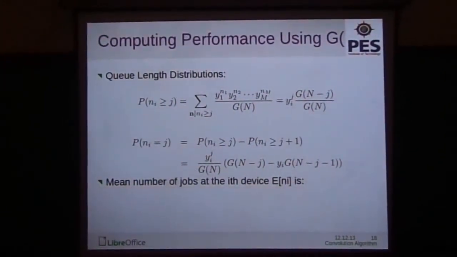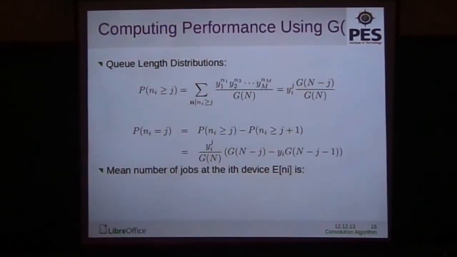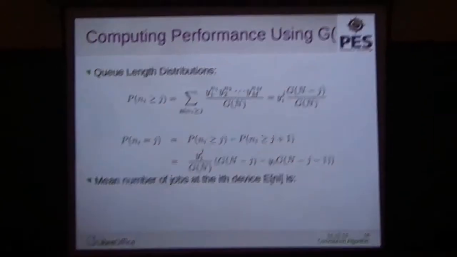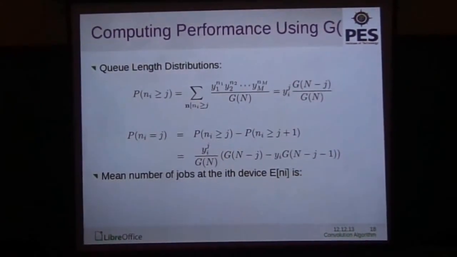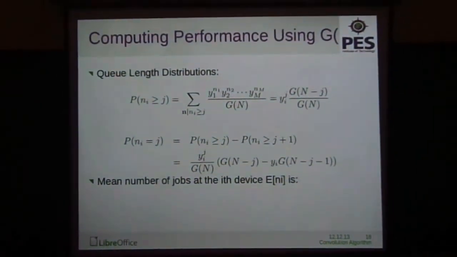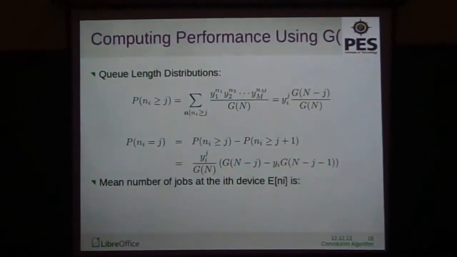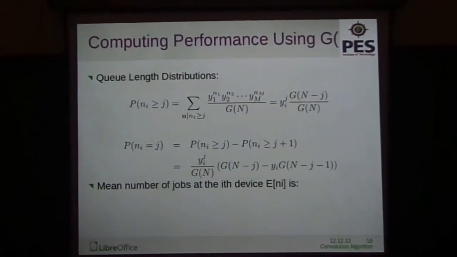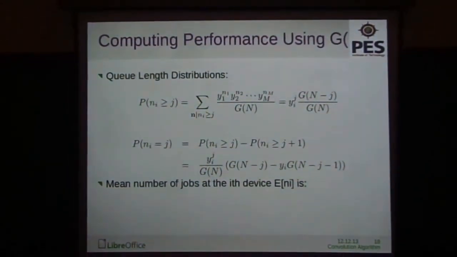The probability of exactly j jobs at the ith device is p of n_i equals j equals probability of n_i greater than or equal to j minus probability of n_i greater than or equal to j plus 1. That will come yi to the power j by gn into g of n minus j minus g of n minus j minus 1.